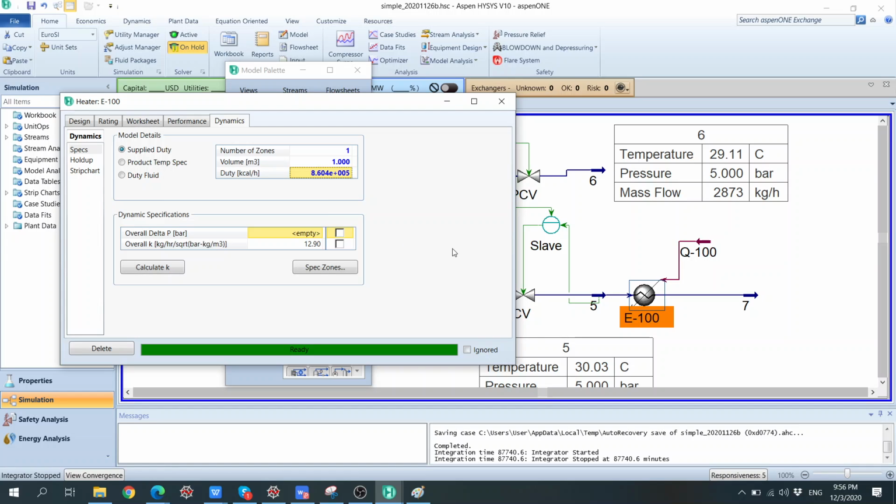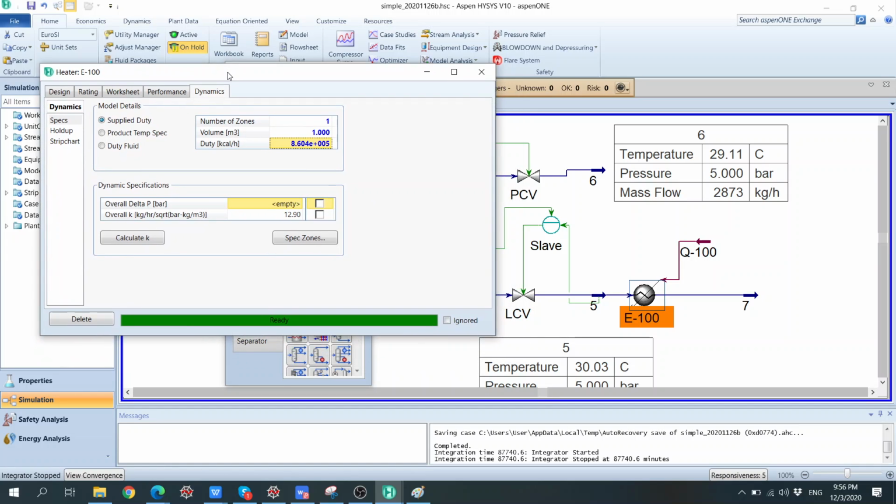And then for the other one, because we already have the volume, we need to know the resistance in the heat exchanger. So in this particular case, we can calculate K, which means the resistance here. If you see the valve, there is a CV of the valve.